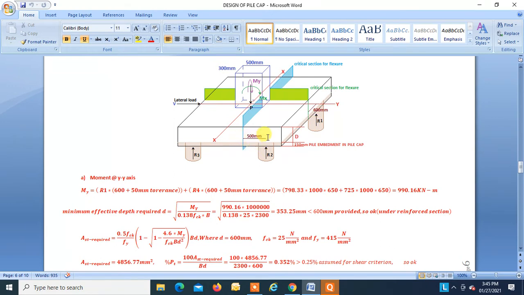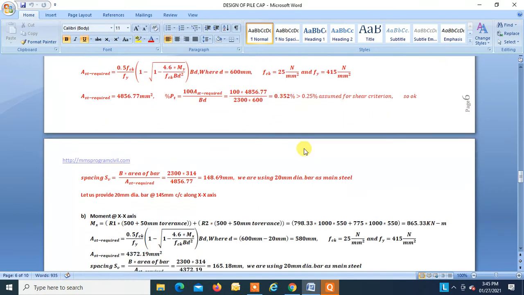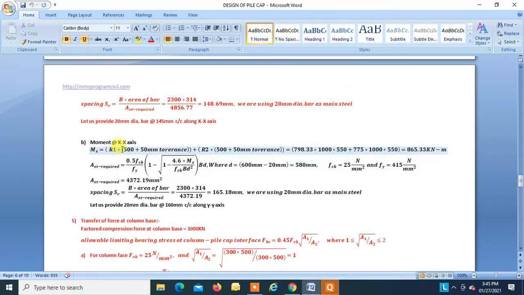So this distance is 500 plus 50 allowance tolerance. Now we will take the distance as 500 plus 50 into R2 and 500 plus 50 into R1. So that is what we have taken: R1 into 500 plus 50, R2 into 500 plus 50. The moment is found to be 865.33 kilonewton meter.